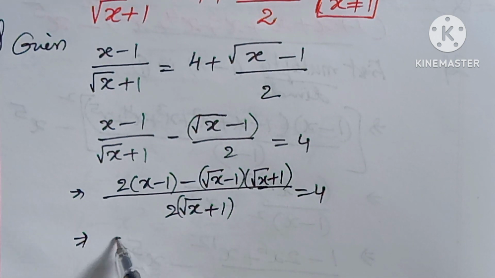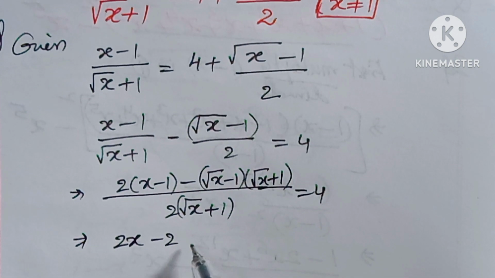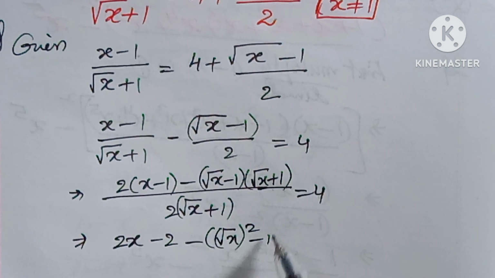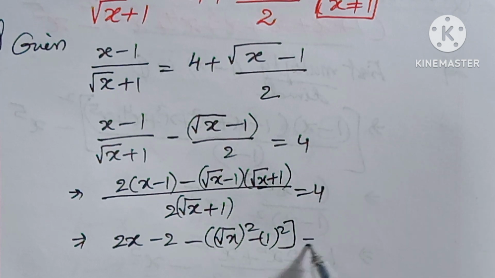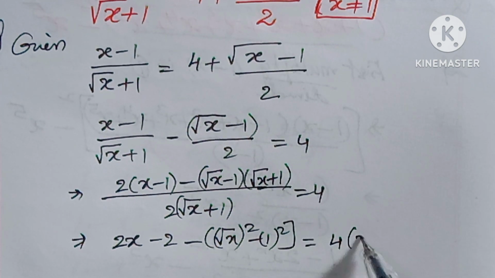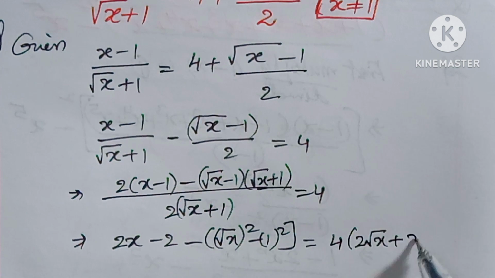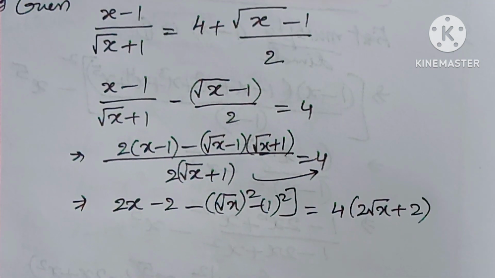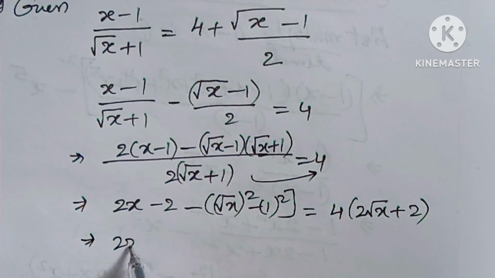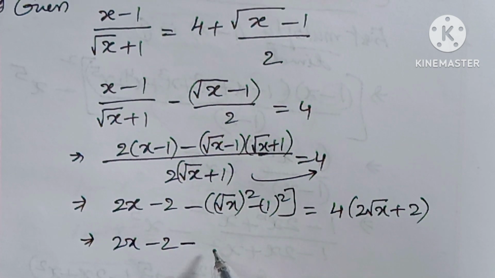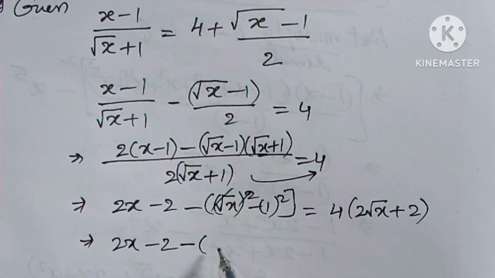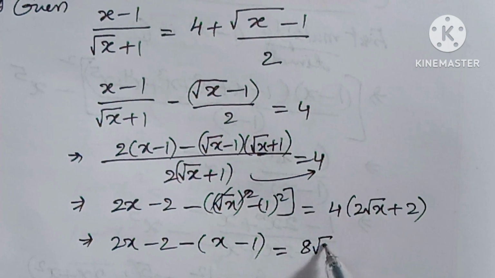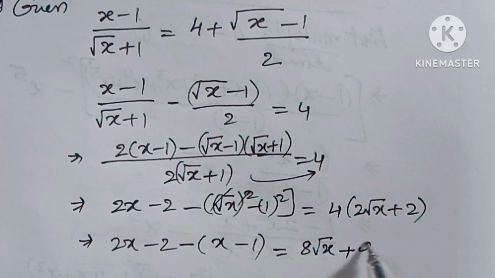If you open the bracket, 2x − 2 − (√x² − 1²) is equal to 4 into (2√x + 2). Sending these terms to that side, you'll get 2x − 2 − (x − 1) is equal to 8√x + 8.